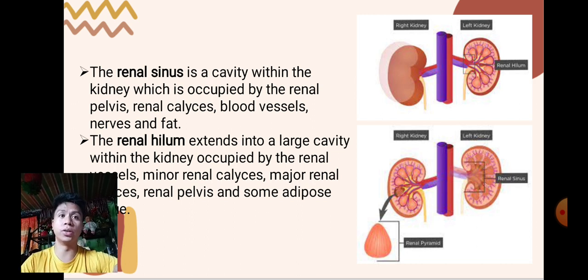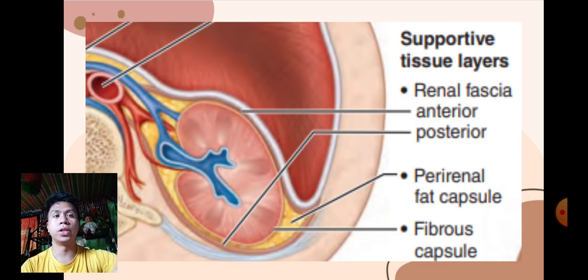So the renal sinus is a cavity within the kidney which is occupied by the renal pelvis, renal calyces, blood vessels, nerves, and fats. Okay, and the renal hilum extends into a large cavity within the kidney occupied by renal vessels, minor calyces, and many more.